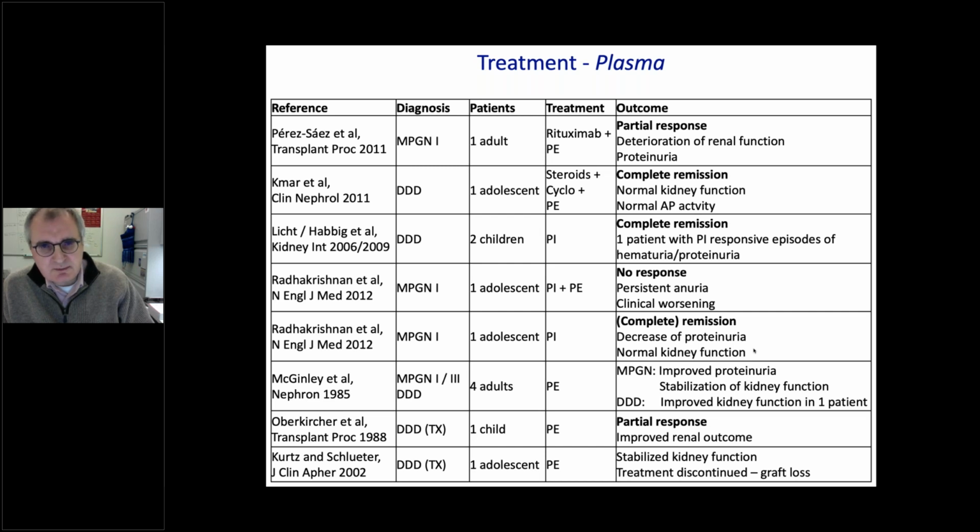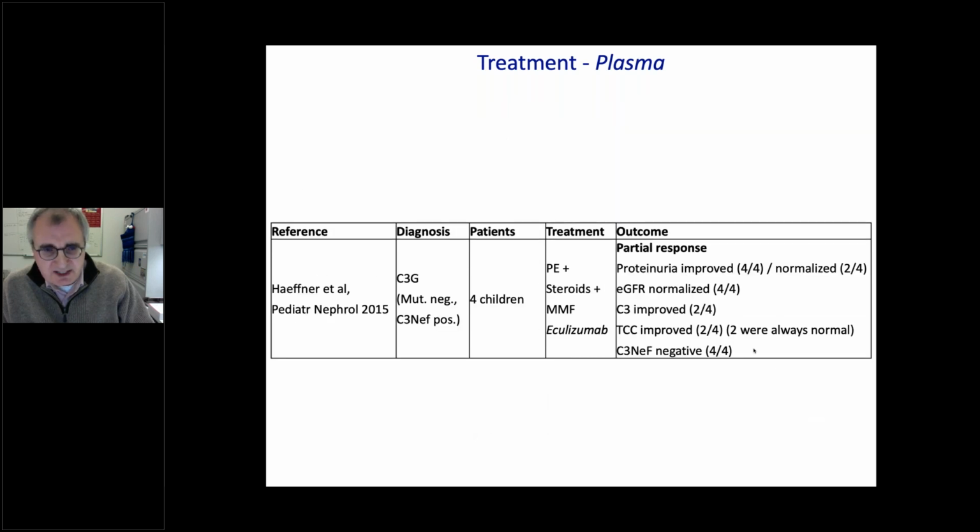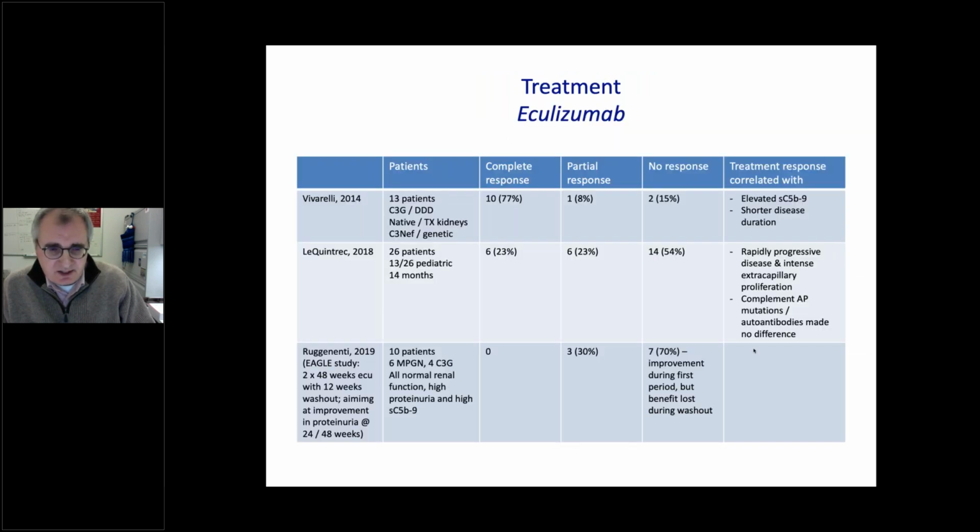So there is, of course, a publication bias, but there are a number of case reports that report either partial or complete remission. It's limited though. And then there is very limited, though increasing, experience with the use of the one available complement blocker.